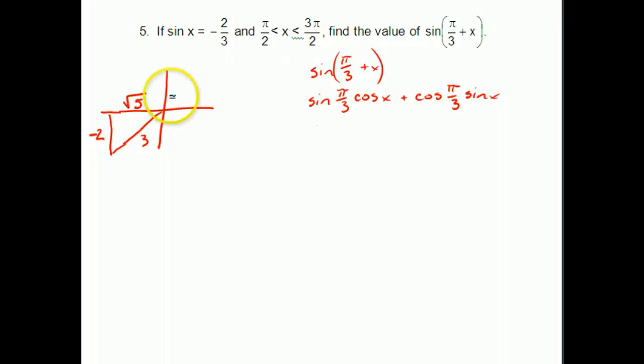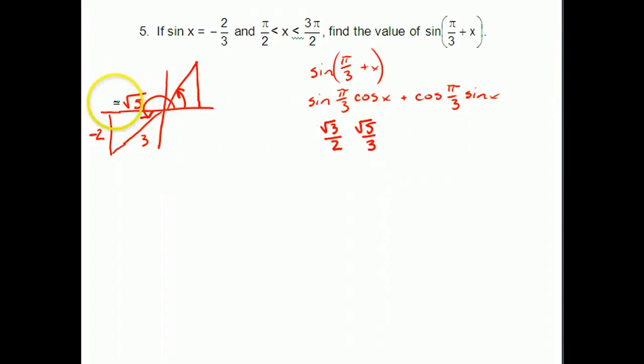Okay, so what that triangle allows us to do is it allows us to find any trig value for x, for the angle x. So when I go and look here, the sine of pi over 3, okay, so let's draw that in. So pi over 3 is here, right? And the sine of that pi over 3 is going to be root 3 over 2. And cos at this angle, cos is adjacent over hypotenuse, so I'm going to multiply root of 5 over 3.